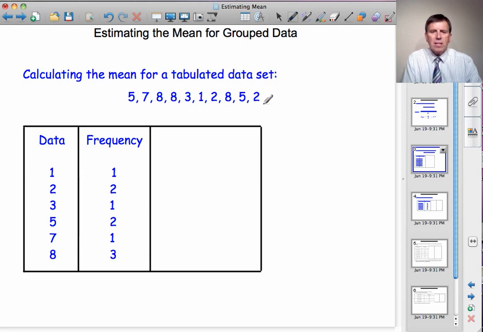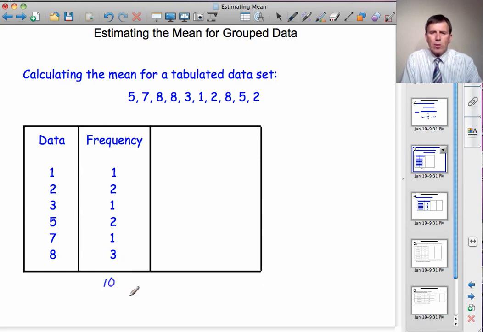Now if we didn't see the data set lined up like that, if we just had the frequency table, we can still calculate the mean. We want to add up the data and divide by how many items there are. Well, the number of items is just the sum of the frequencies. 1 plus 2 is 3, plus 1 is 4, plus 2 is 6, plus 1 is 7, plus 3 is 10. So the sum of the frequencies is 10.